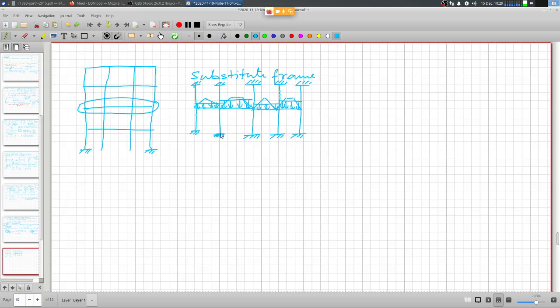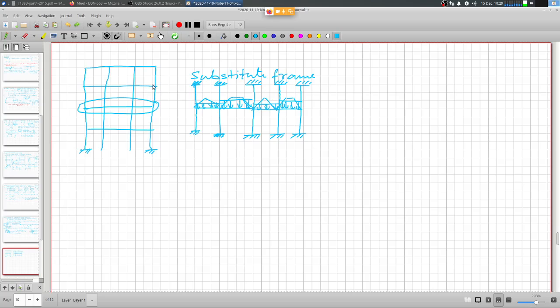So in some resources you will find that these columns have to be taken as the full height and then anchored, ensuring or assuming fixity, total fixity at the far end. Or alternately, you may also find some resources talking about half of the length of this column and assuming hinge conditions at this point at the mid height.